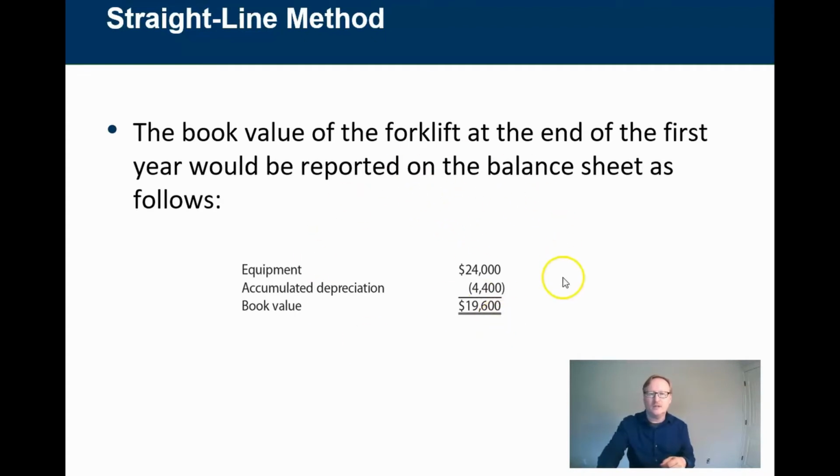If this company went into bankruptcy or something like that, and again, this is not law, I'm not a lawyer, but they're going to look at the book value of the business. If you've ever heard somebody ask, what's the book value? The book value of this asset after the first year is $19,600, and remember, it includes that residual value because it still has that $2,000 value in this book value, even though we're not depreciating that $2,000.